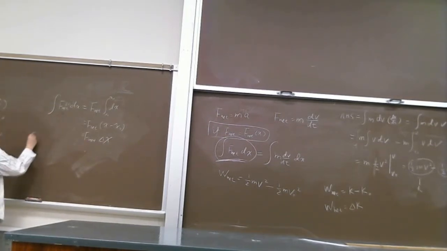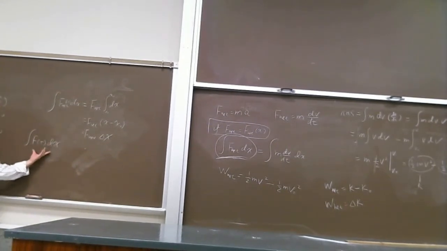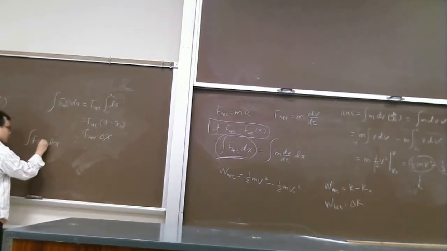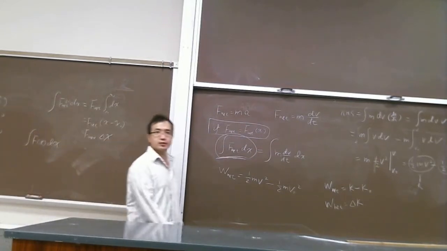For example, if this is a function of time t, then you cannot do this integral. It still exists there, but you couldn't get any number with it. So it's only useful if the force can be written as a function of position, so you can actually get some number from this integral. In other words, you can calculate the work.